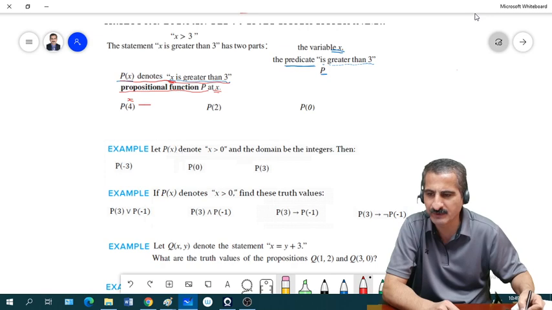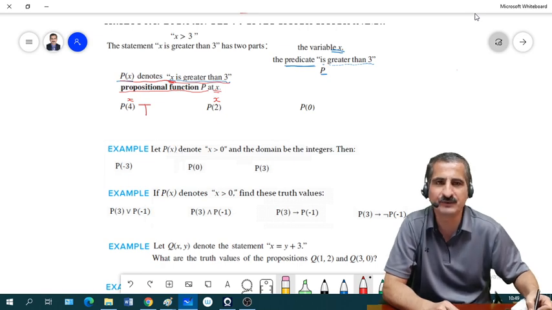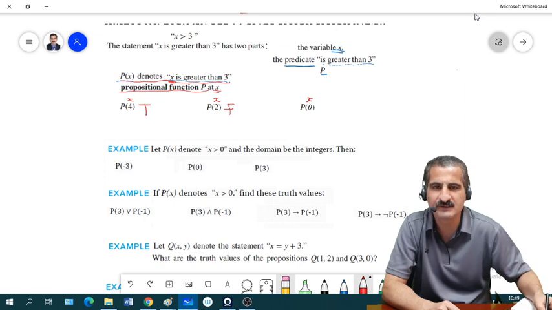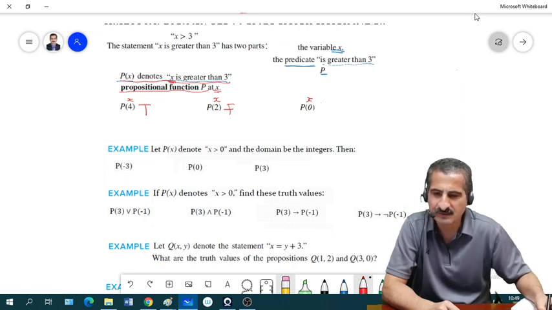Now we substitute 2 for x, and P of 2 denotes 2 is greater than 3, and that is false. Now P of 0, where x is 0, denotes 0 is greater than 3, and this is a false statement.